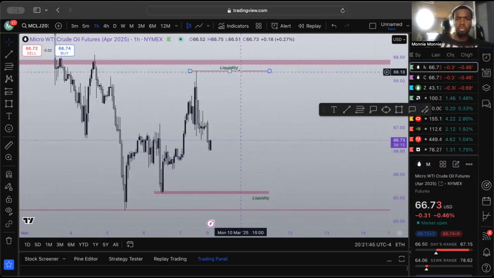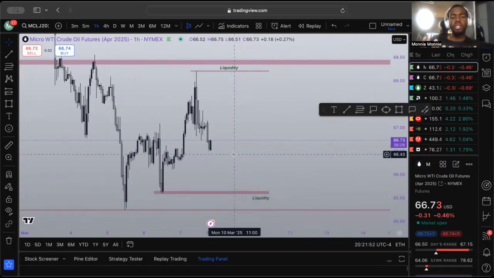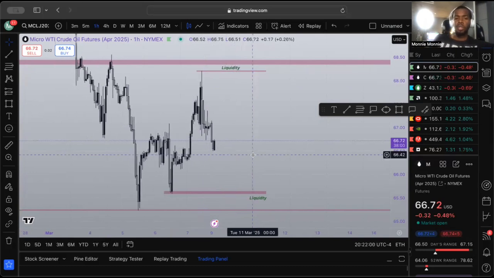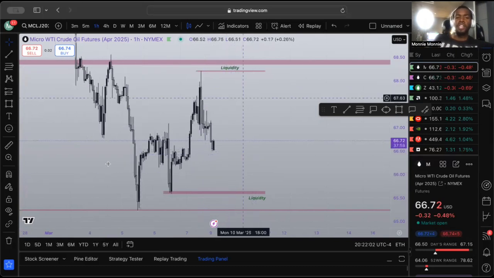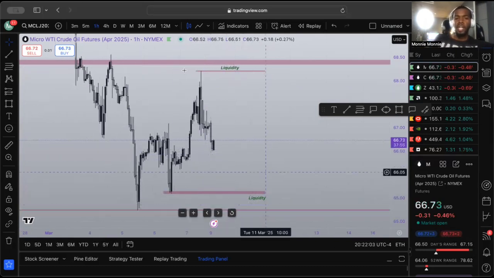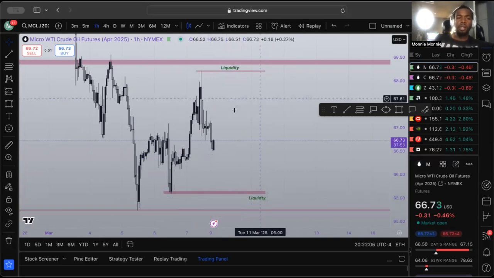I'm looking for liquidity to be taken out on the upside, or I'm looking for liquidity to be taken out down on the downside. I don't have a specific magic crystal ball to know exactly what levels are going to get taken out first, but I know that we're going to be working this week within this entire range. This range will be the weekly high and the weekly low.